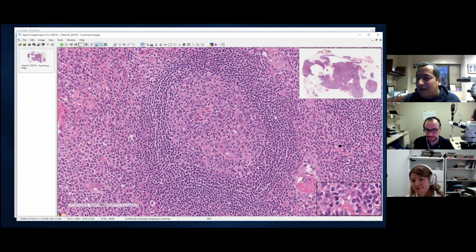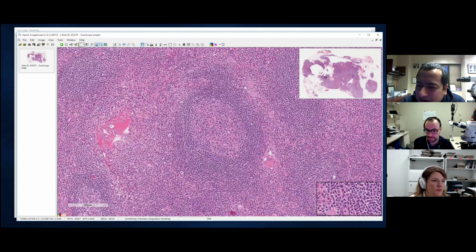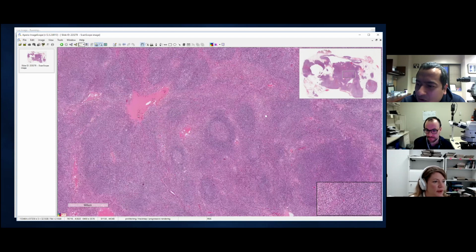Which is so common in our world where we see myasthenia gravis resections. That's the most common finding, thymic follicular hyperplasia. The one thing that bothered me about this case was that the lymphoid infiltrates seem to be going into the fat. So can you address that, Eve? Is that a reliable finding to tell a lymphoma from a reactive process, or no?